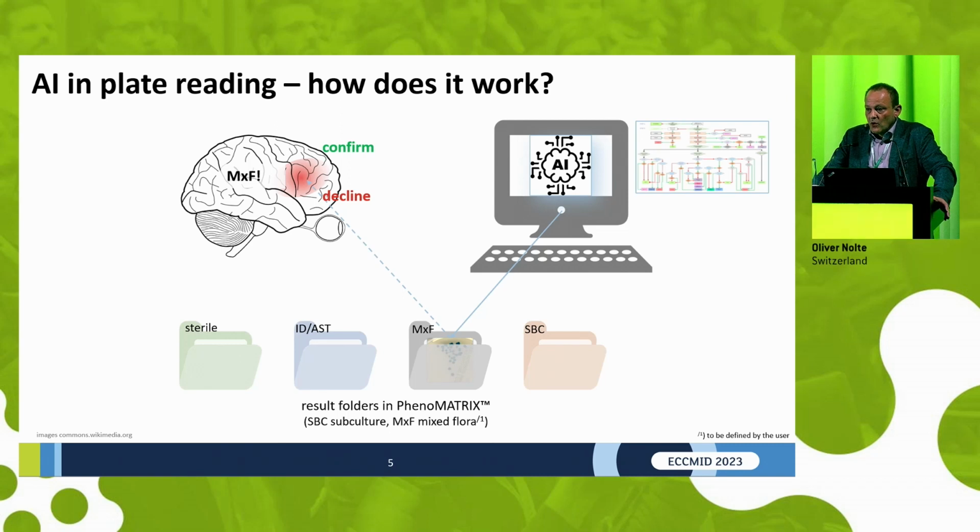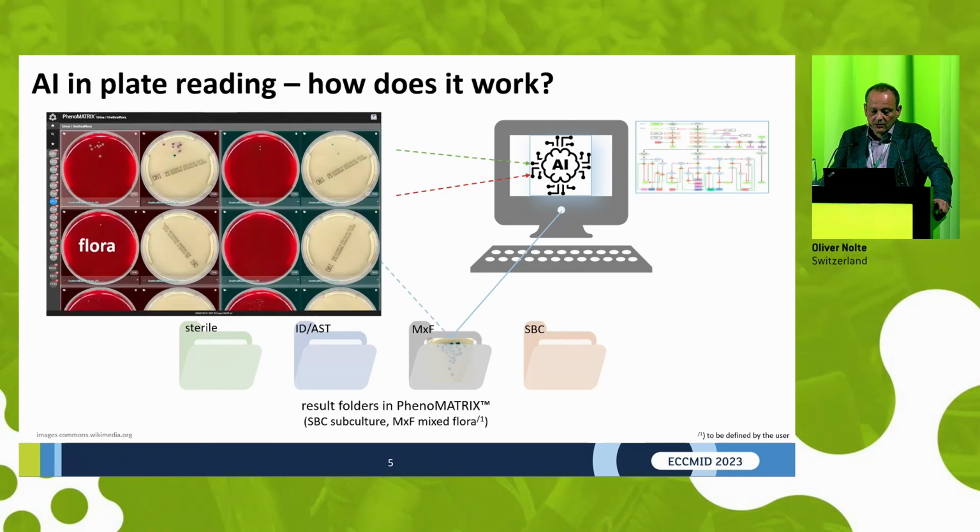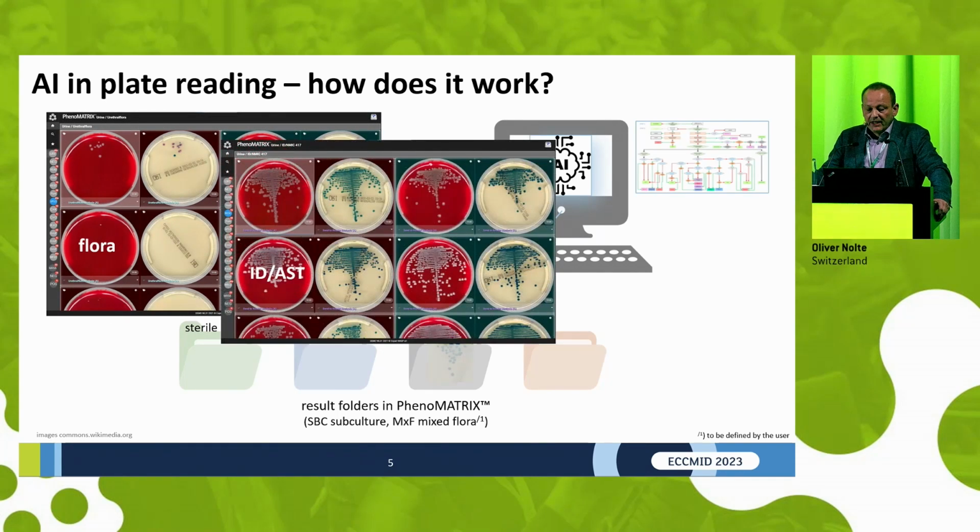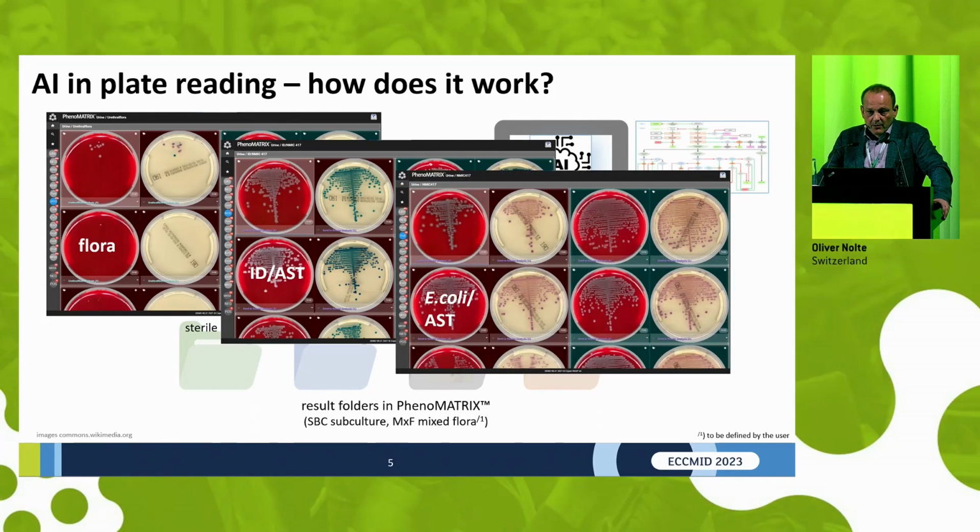He can confirm what has been proposed by the AI as a pre-categorization, or he can decline if he thinks this is something different. The decision to confirm or decline can be used in order to further train the AI. So this is how it works basically, and this is how it looks if we get pre-categorization of flora, of plates which need ID and AST, or of plates which just need an AST in terms of E. coli pure culture.